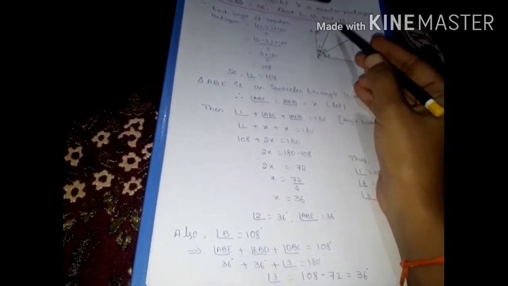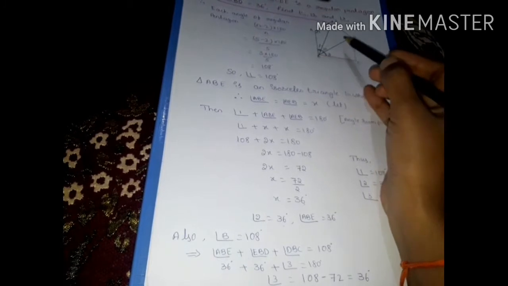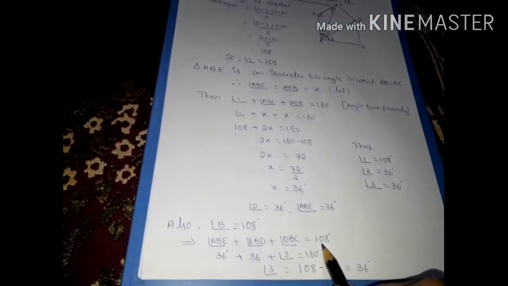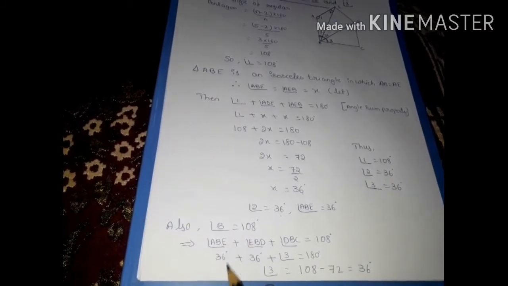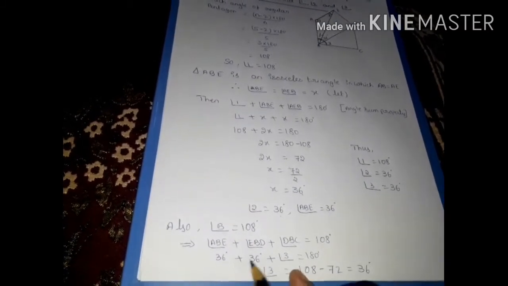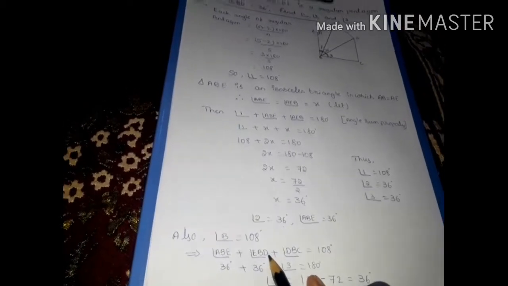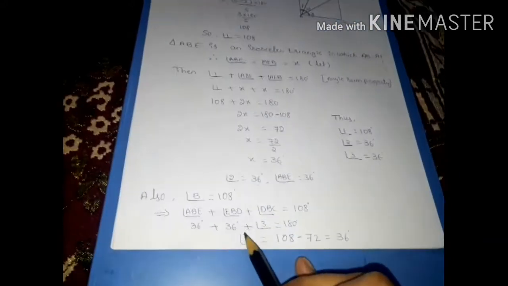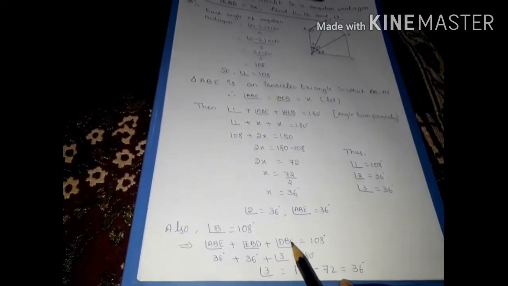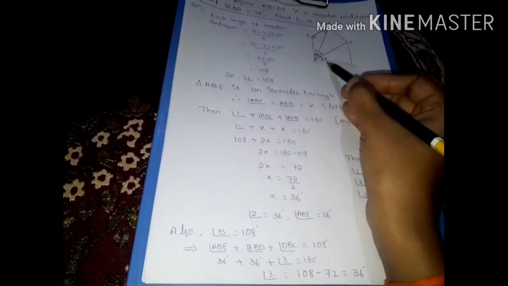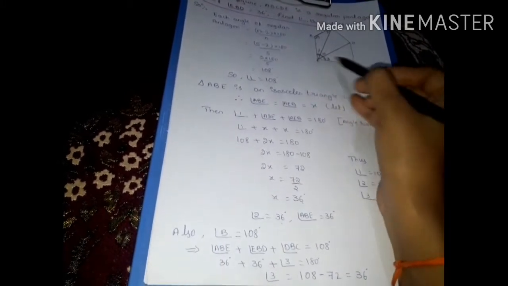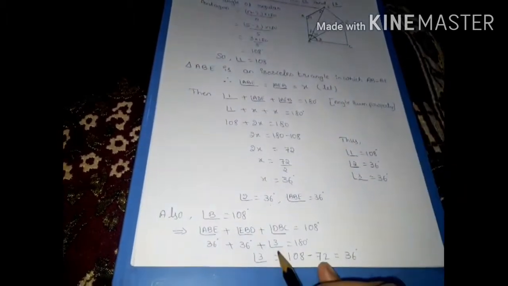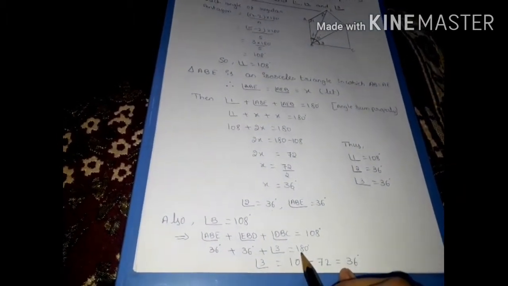Angle ABE plus angle EBD plus angle DBC is equal to 108 degrees. Angle ABE already we got 36 degrees, substitute it, plus angle EBD. Angle EBD already given in the question, that is 36 degrees, that is also substituted here, plus angle DBC. DBC we mentioned here as angle 3. This angle we considered as angle 3. So write down angle 3, which is equal to 180 degrees.